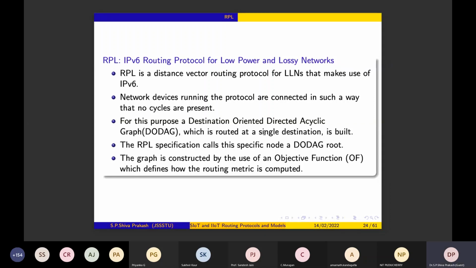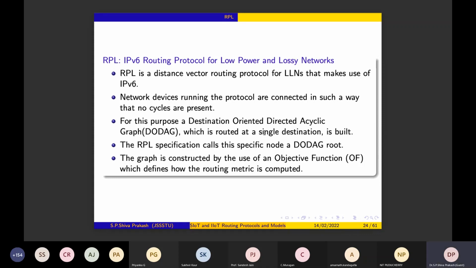Each network device running this protocol is connected in such a way that there is no cycle present. While building this structure, the protocol makes sure that there is no cycle.